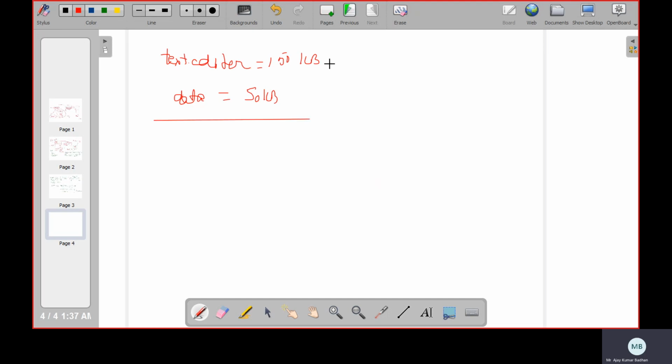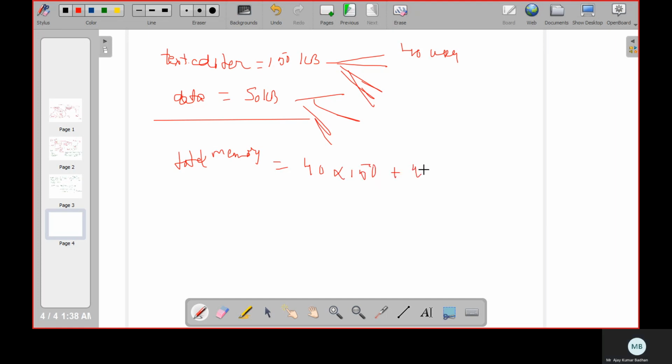There are 40 users in my scenario, so I need to distribute the text editor to 40 users. Every user will have one text editor and their own data. So how much memory do I require in total? 40 into 150 plus 40 into 50.